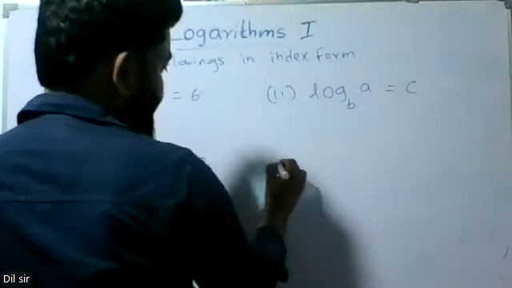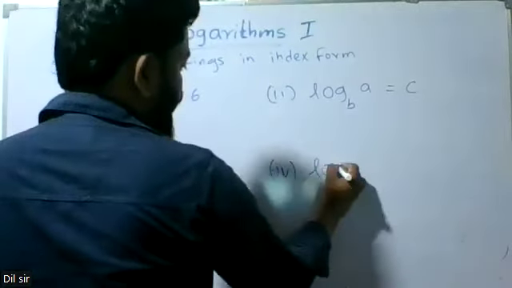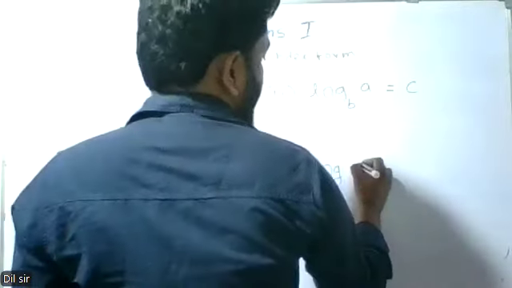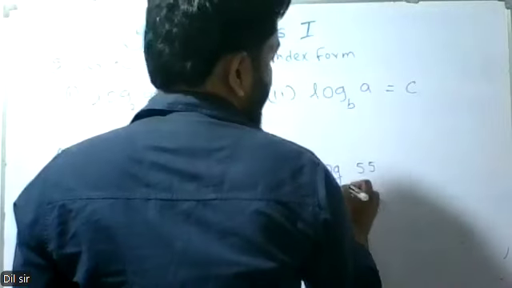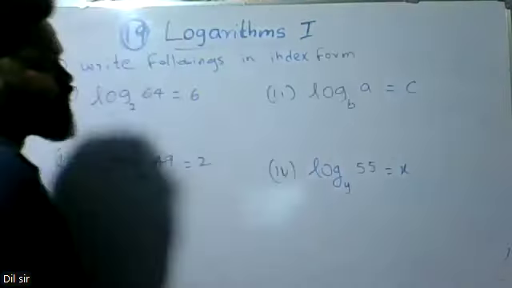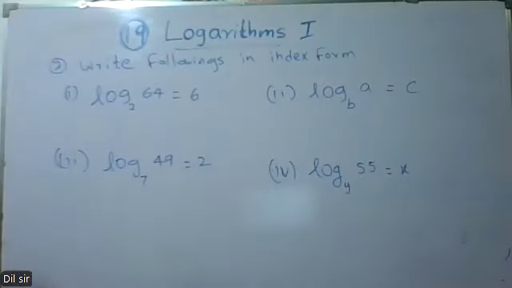Fourth: log of 55 to base y equals x. Write them in index notation.